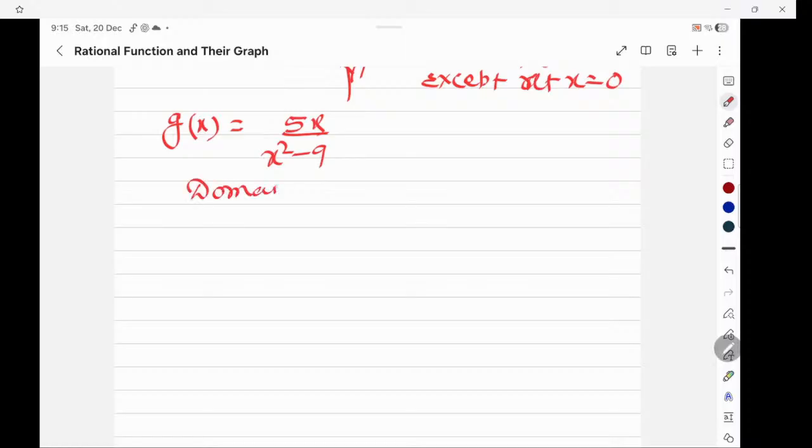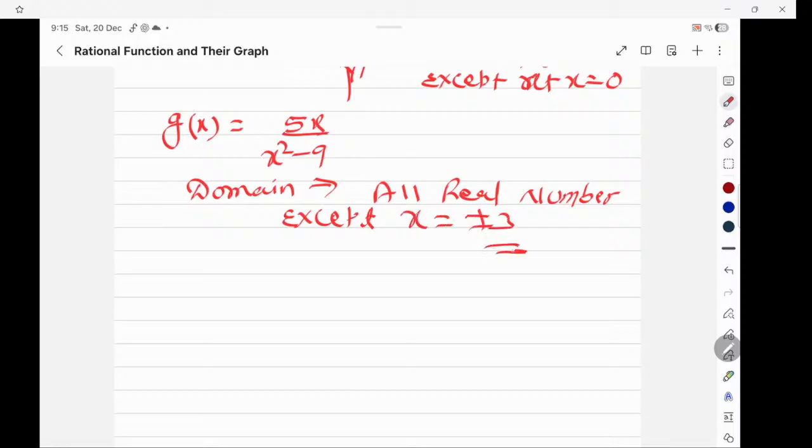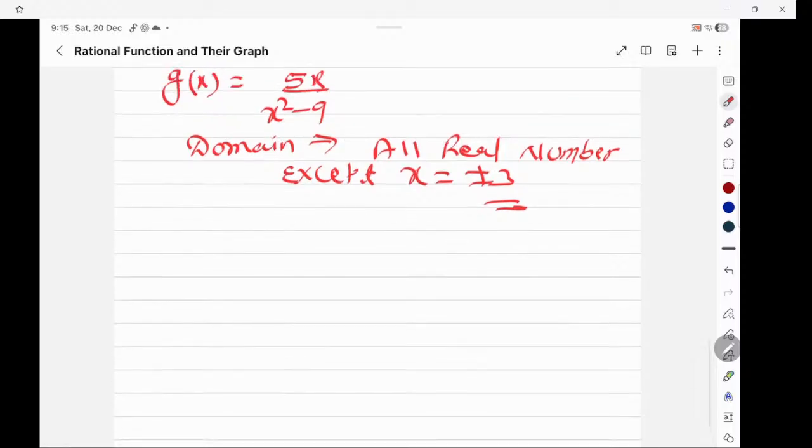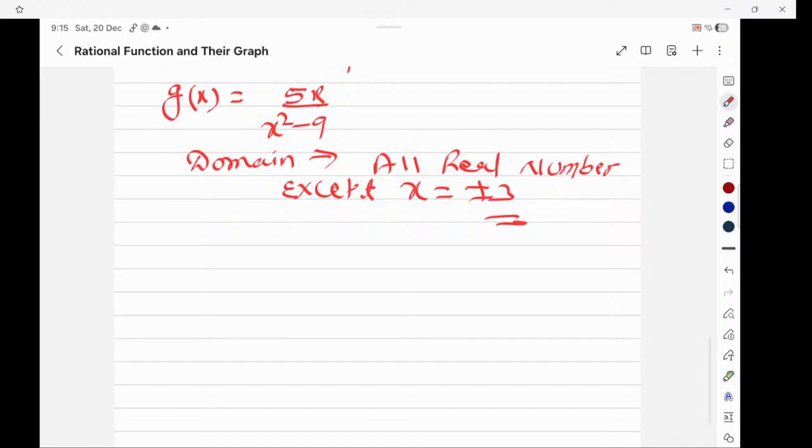The domain is all real numbers except x equals plus or minus 3. This is also an example of a rational function and its domain.